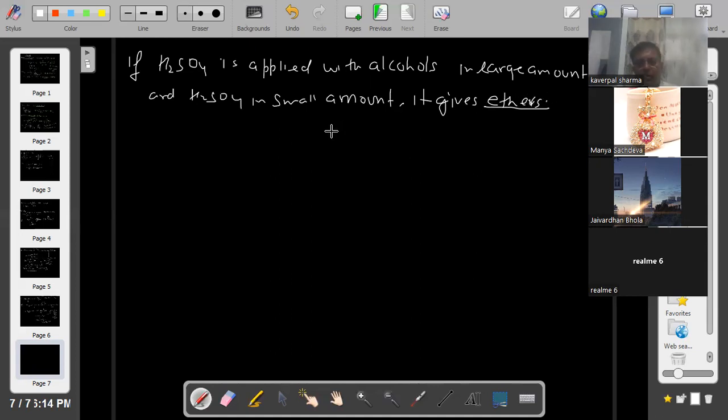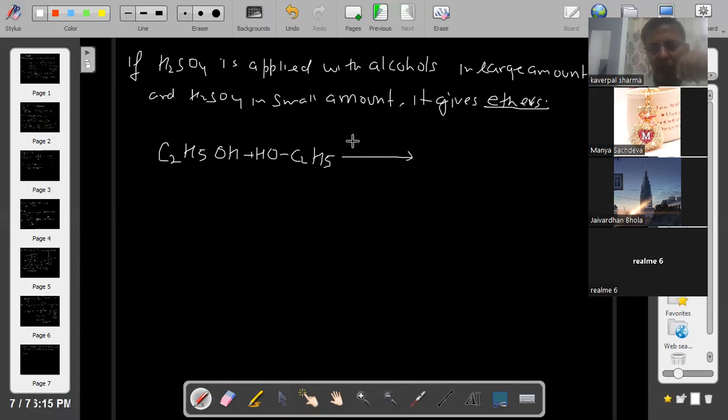Very interesting. Like C2H5OH plus, we can write here, HOC2H5. The process occurs in the presence of H2SO4, same, but the temperature is 413 Kelvin. In the previous reaction we had taken 433 Kelvin.